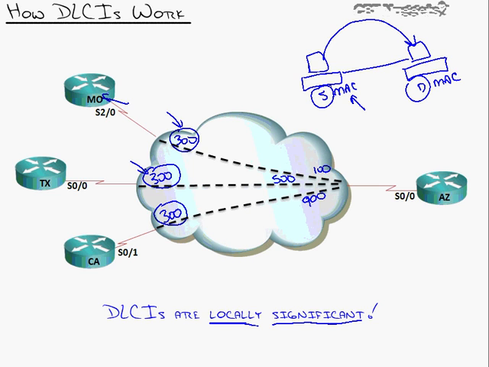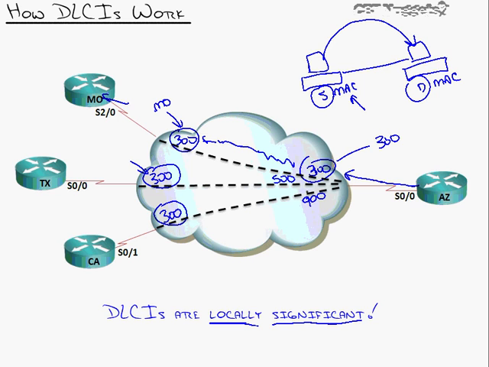You could even do this. Why not? Let's go crazy. In Arizona, we also have DLCI 300. Wow. The reason this is possible is because DLCIs are locally significant, which means when you send data in Arizona to the Arizona service provider on DLCI number 300, they have a little map in their Arizona, notice I'm emphasizing, routing table that says if they send DLCI 300 in Arizona, that needs to go through our network, blah, blah, blah, all this stuff happens in the network, and then come out on DLCI 300 in Missouri.